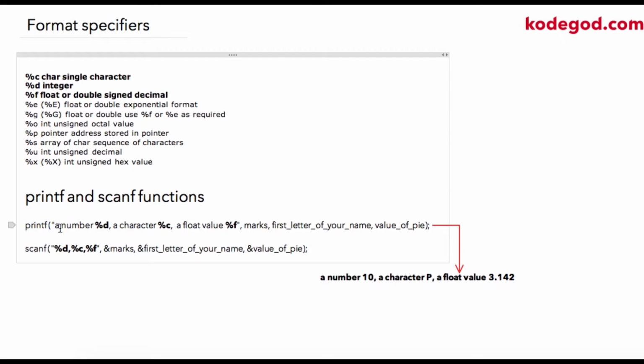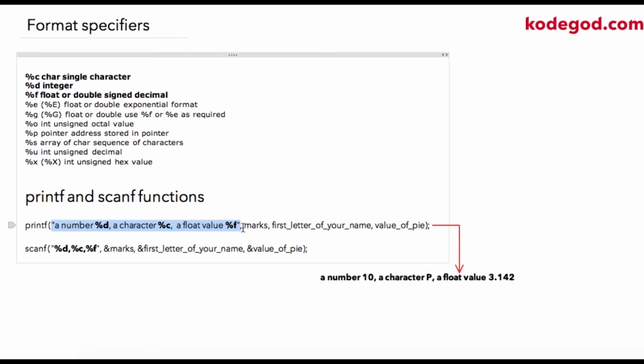The starting double quote indicates the starting of my string. What I am writing over here is a number %d, comma, a character %c, comma, a float value %f, and then I end my first parameter with another double quote. This whole part is my first parameter of the printf statement.